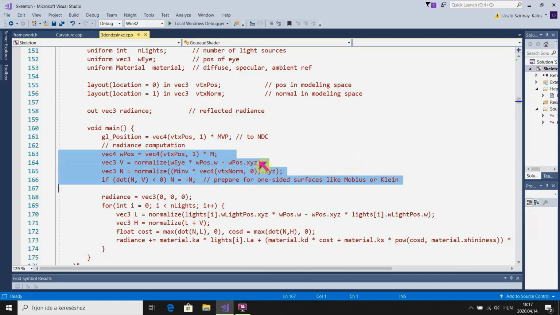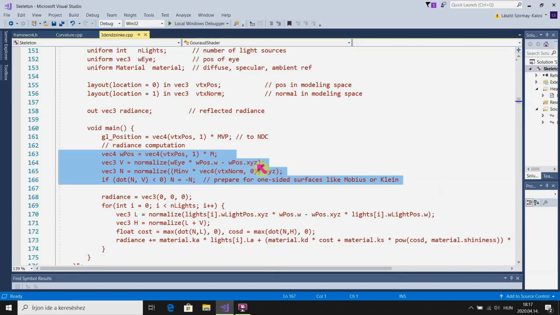However, looking at this line, we do not really see that computation. Instead, we see that this difference vector is multiplied by the wPos variable's fourth homogeneous coordinate. So why is that? In theory, it can happen that the application of this transformation matrix ends up in a point that is infinitely far, so its fourth homogeneous coordinate is equal to 0.